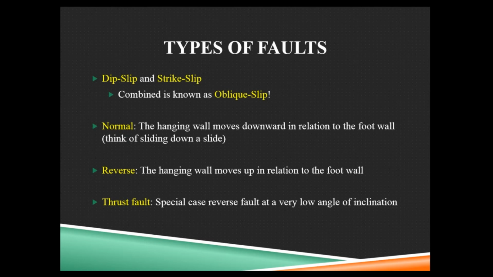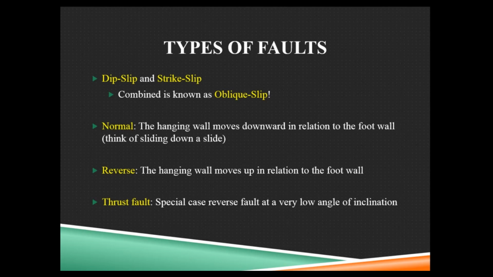So dip slip is the up-down movement, strike slip is the side-to-side movement, and when we have a combination of the two, we can call it oblique slip. A normal fault is when the hanging wall moves downward, like that image that I showed at the very beginning.